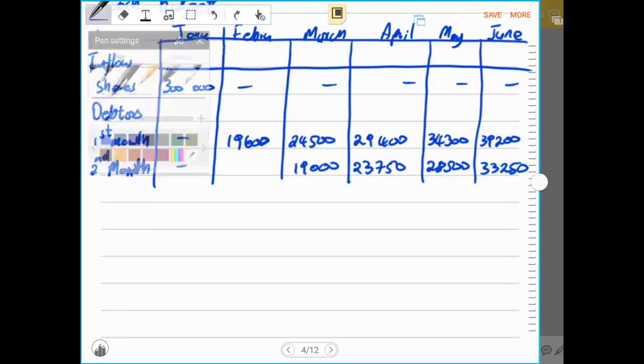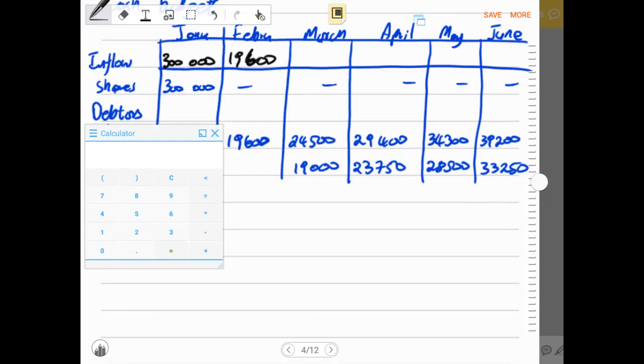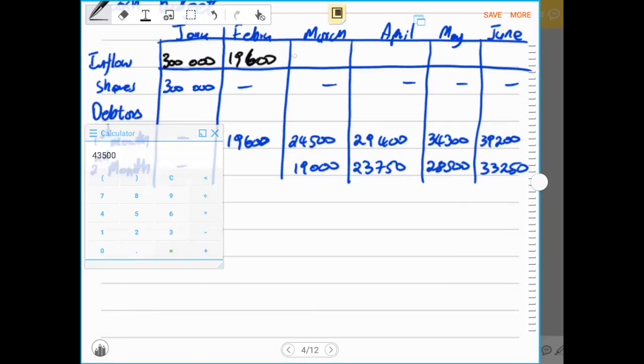Let me use a different pen. Here we have 300,000, and here we have 19,600, sorry. And here we'll have 24,500 plus 19,000, which is 43,500.